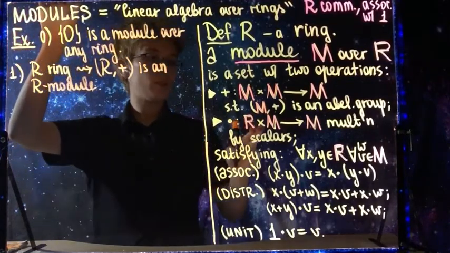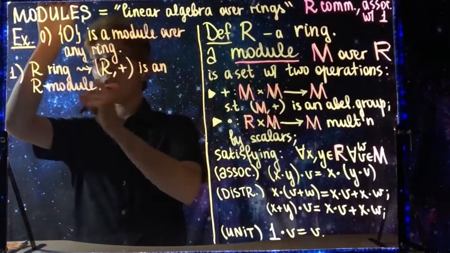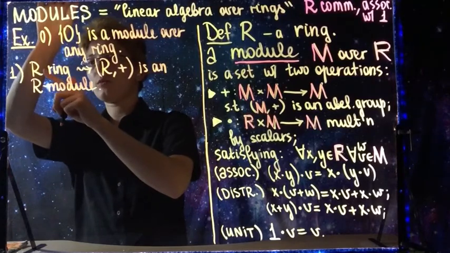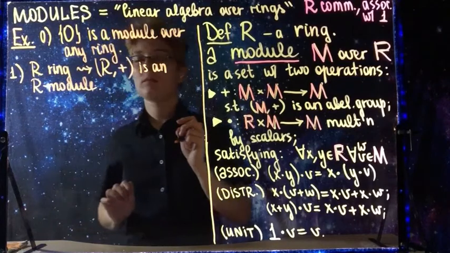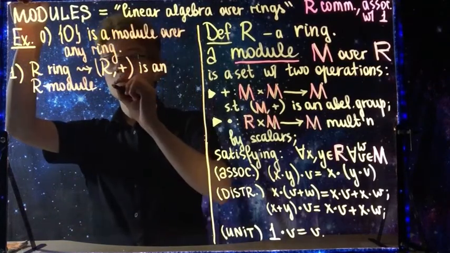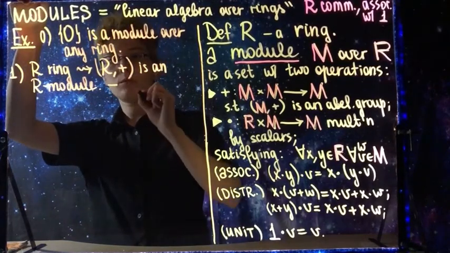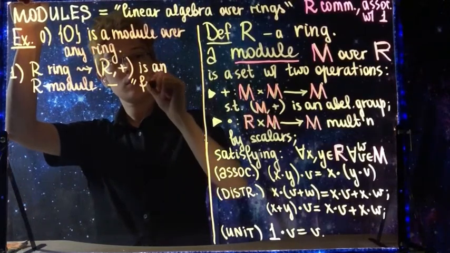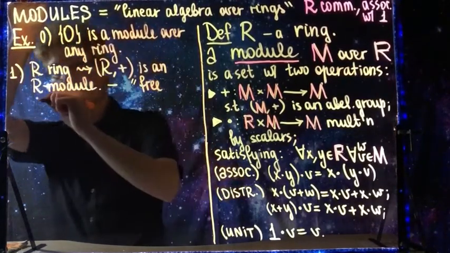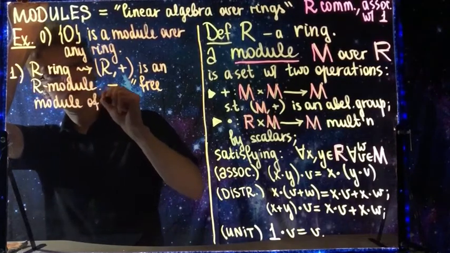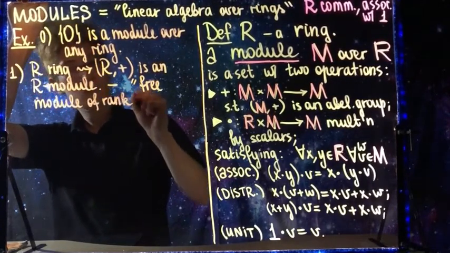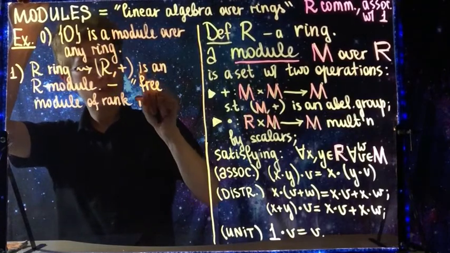And we define multiplication by using the multiplication on R. So this is called the free module of rank 1.